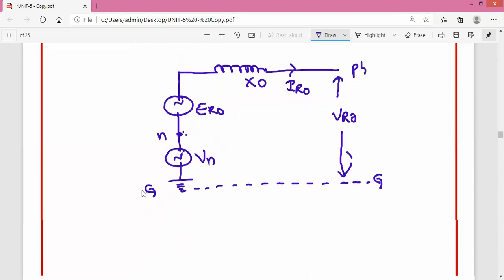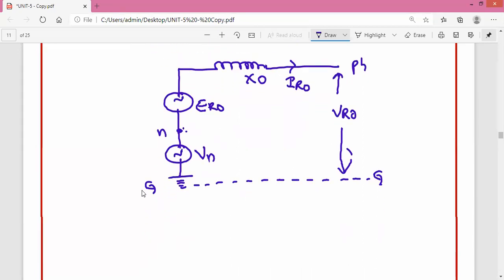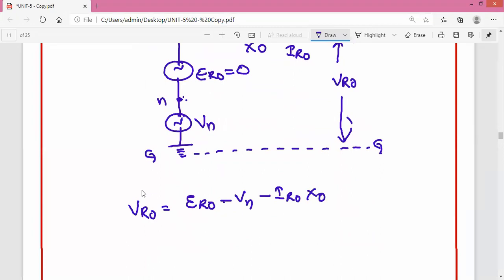Now you can write an equation by applying KVL. Vr naught is equal to Er naught, which is also equal to 0. Only Er1 exists; Er2 and Er naught are both zero. So I will write Vr naught equals Er naught minus Vn minus Ir naught into X naught. This is the actual value for Vr naught.